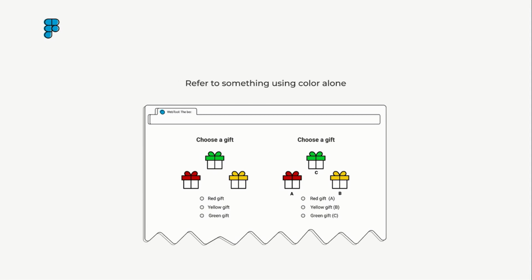Then, when you refer to some colors, make sure that you use something else as well, not just colors. Here is an example to give you the idea of what I mean: we have red, green and yellow boxes. If I just say choose the red one, the yellow one or the green one, and you're colorblind, you have a problem here.